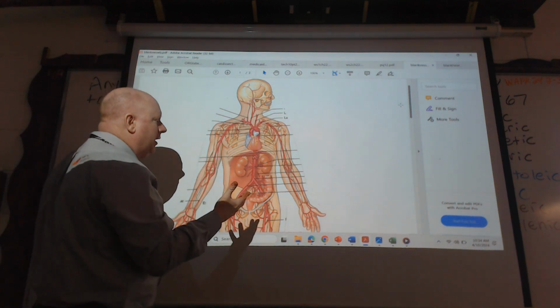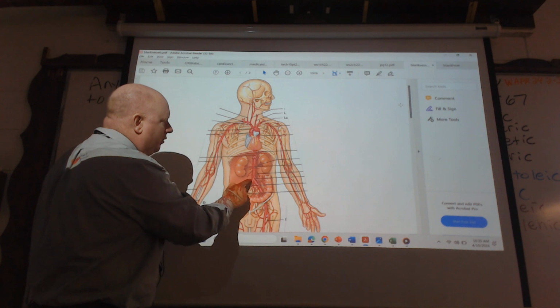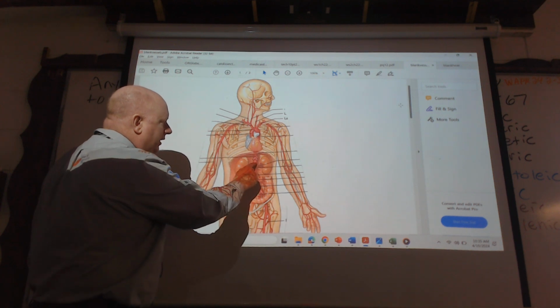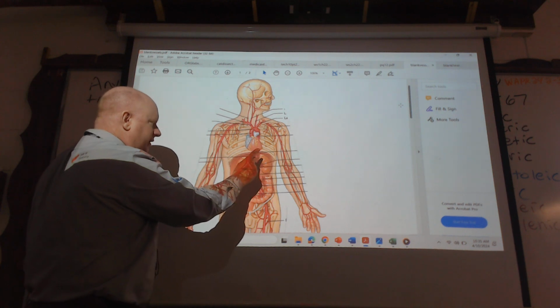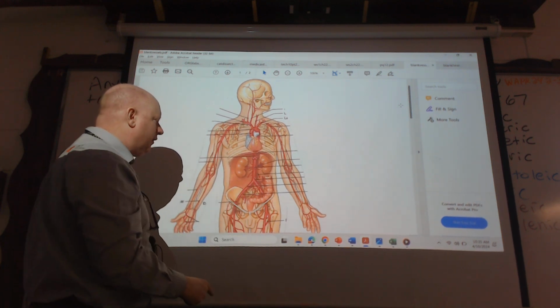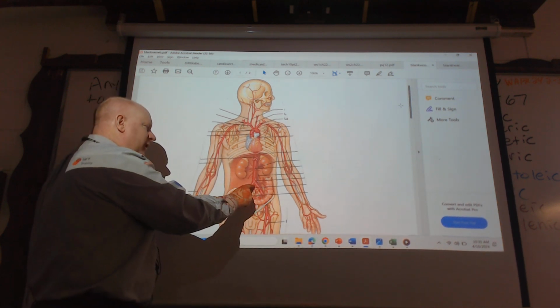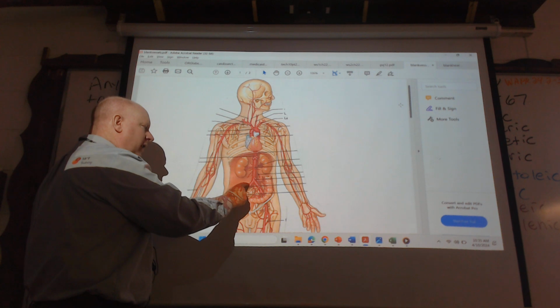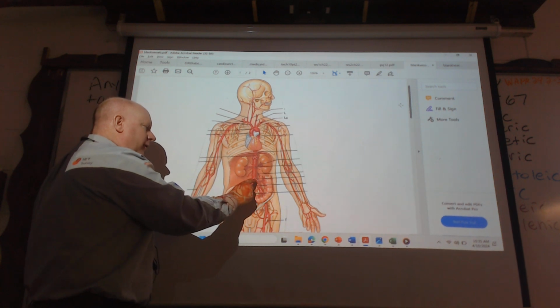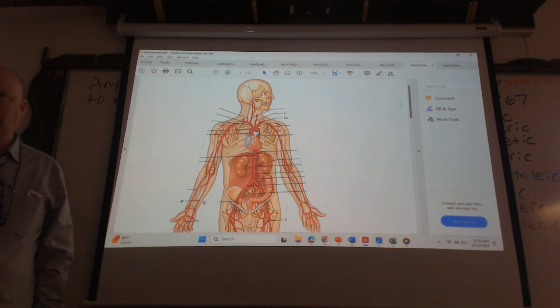It's the diaphragm. So now, what artery are we talking about right here? What part of the aorta? This is the abdominal aorta. Then as we keep going further and further down, this is where it starts to split to your left leg and your right leg. So it's an iliac artery, but it's got a common name for it.